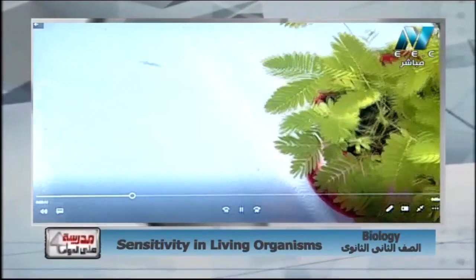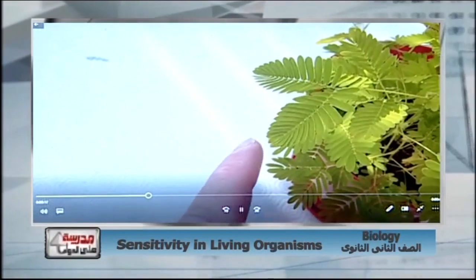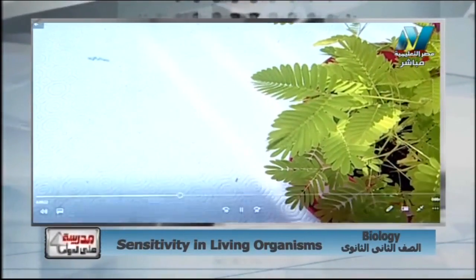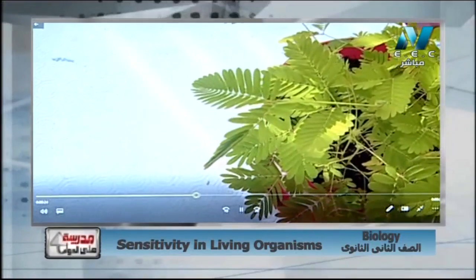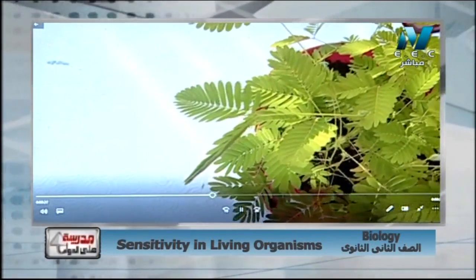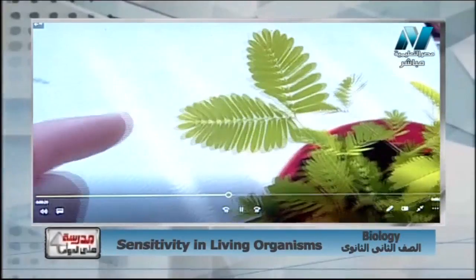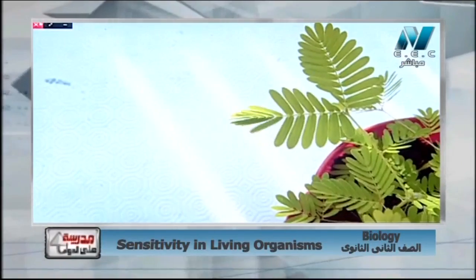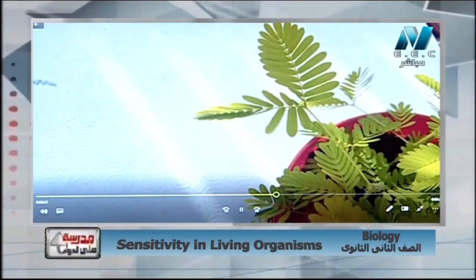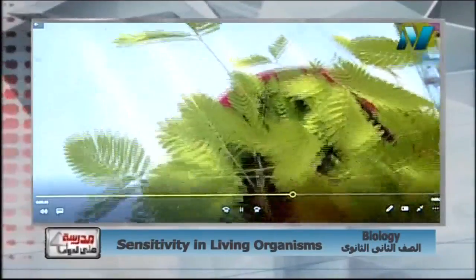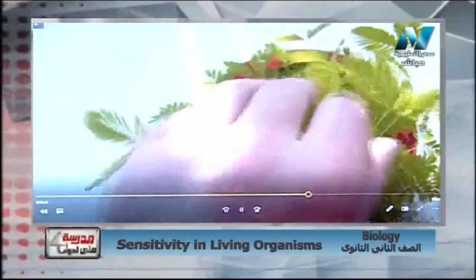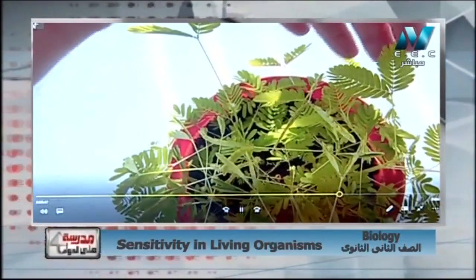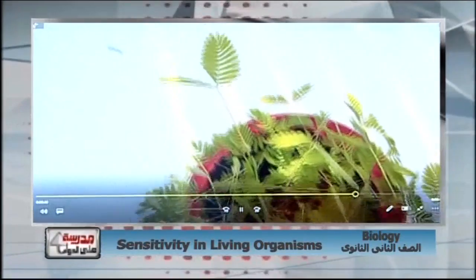As you notice, the leaf is composed of leaflets. This is a compound leaf, composed of leaflets, and the leaflets are arranged in pairs. So when we touch it, the pairs of leaflets close in successive order, one pair after another pair and so on, until the whole leaf closes and the branch hangs downwards, like this. Yes, it's very clear.